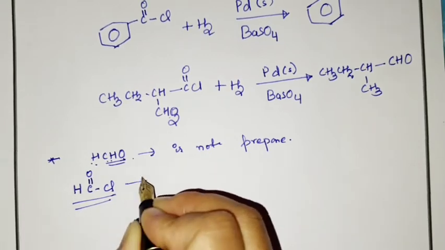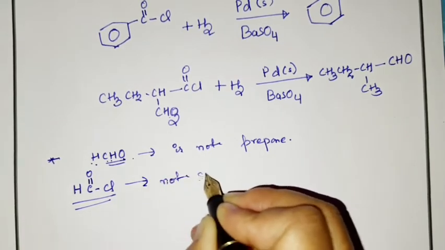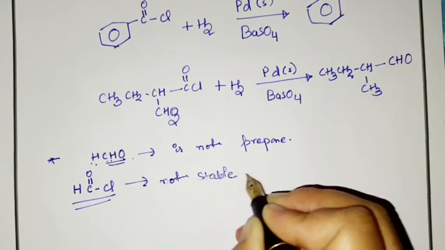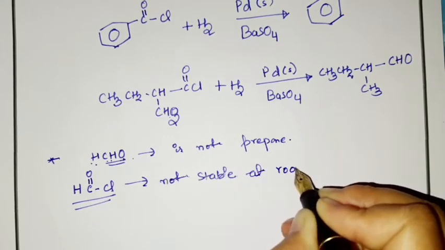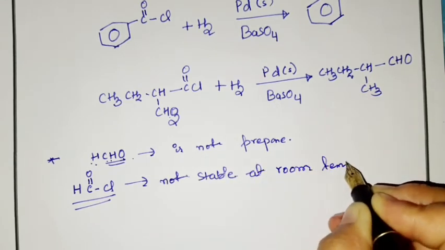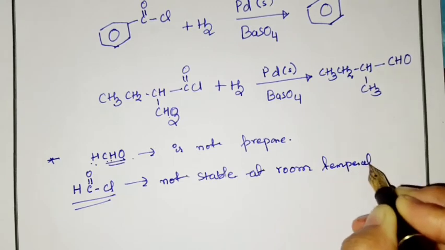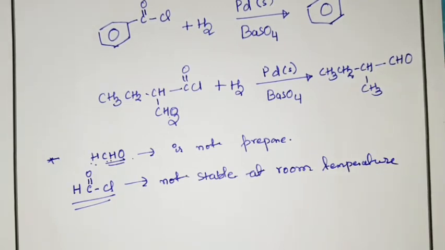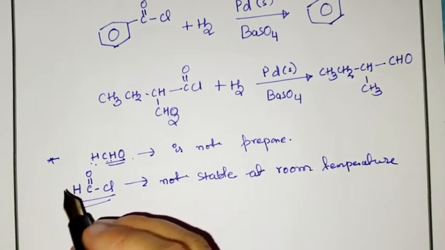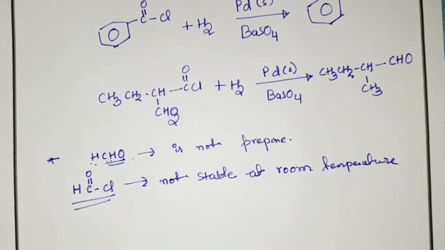And this is not stable at room temperature. So for this reason, from Rosenmund reduction one cannot prepare formaldehyde.